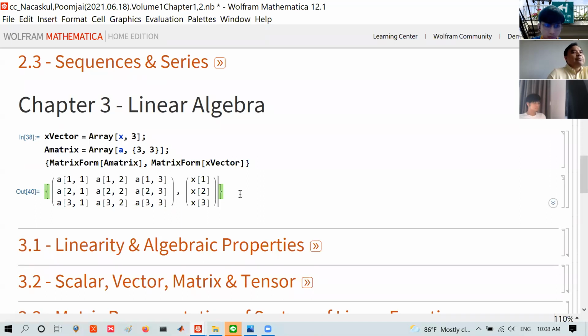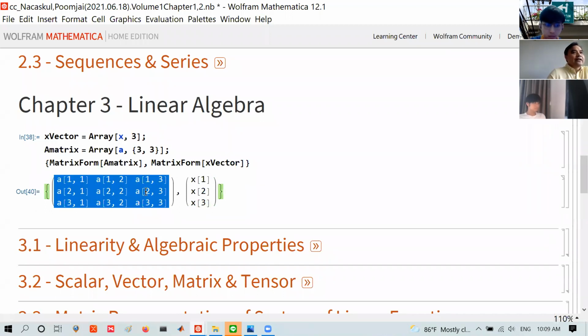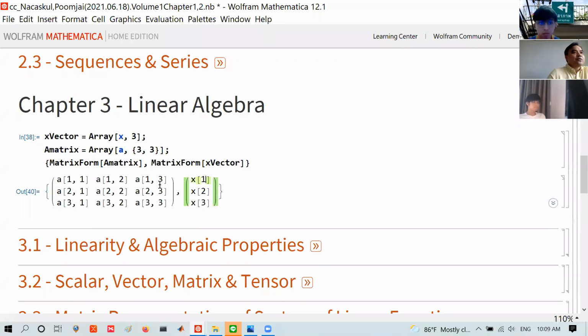You can multiply this, and that's like taking the top row, which has 3 elements, and this column, which has 3 elements, and multiplying them one by one: a11 times x1 plus a12 times x2 plus a13 times x3. You get a number, and you put that as a product here. Then the second row: a21 times x1, a22 times x2, a23 times x3, and you get a second number, which goes on the second row.